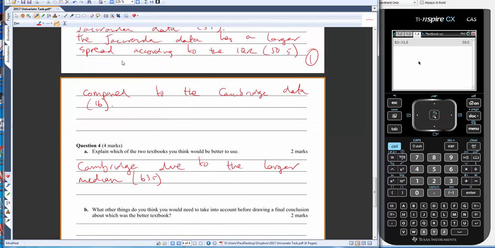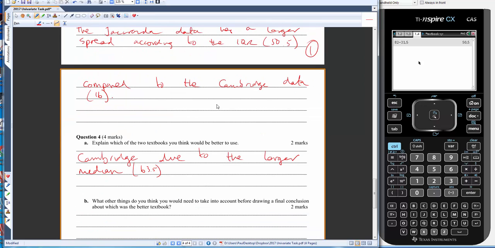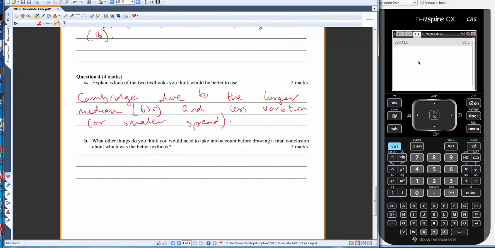That's what we like. We like less variation. So I would say for the first mark, due to larger median and less variation, or smaller spread. So that would have got you the second mark.